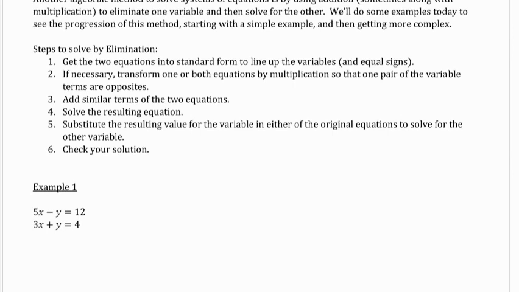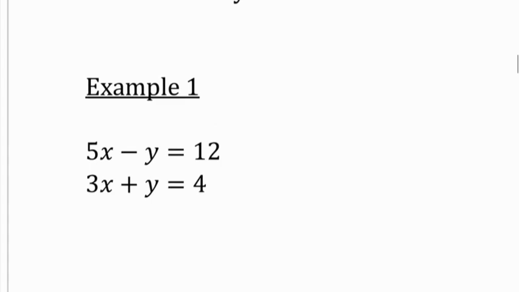Okay, so step number 1 here is we want to get the two equations in standard form, or at least in the same form, and we want to line everything up so that they all look the same. So if I look at example 1 here, the first one is 5x minus y equals 12. And you see how the other equation is 3x plus y equals 4.